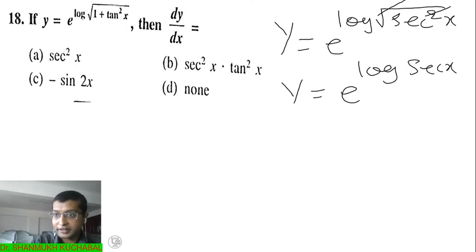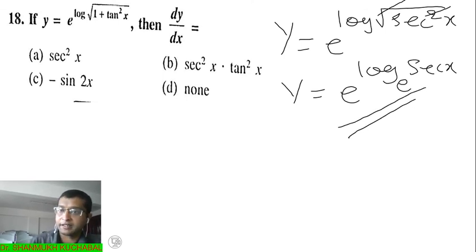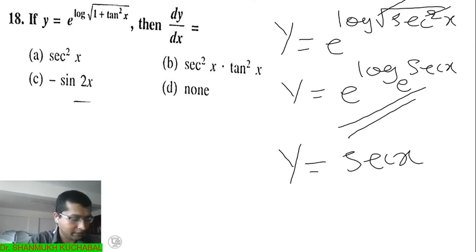Here nothing is mentioned, so we have to take the base as e. Since base e and base e are the same, directly we can write it as sec x. Yes, it is one of the properties of logarithms. I hope you have studied this, otherwise you have to remember it like this.